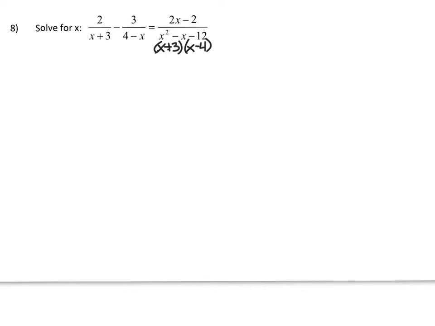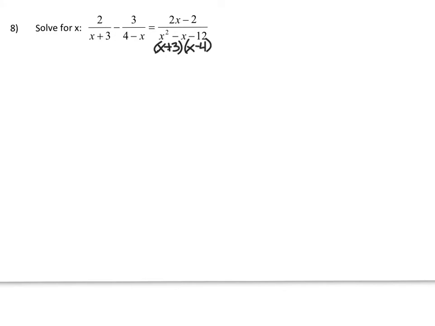Now, if we look at all of our denominators, this one has an x plus 3, and so does this one. This one has an x minus 4, whereas this one has a 4 minus x. So if you recall, you're allowed to switch the order of these two terms to make it say x minus 4, as long as you also change the sign in front of the fraction. Now, I'm going to do this in a different color so it stands out.